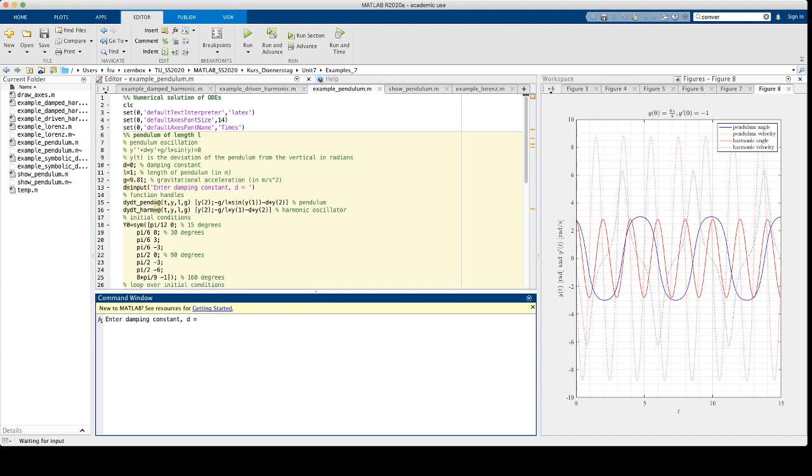I encourage you to try different values of D on your own. Let's try 0.25 for this run. I just let the script run without any comments.